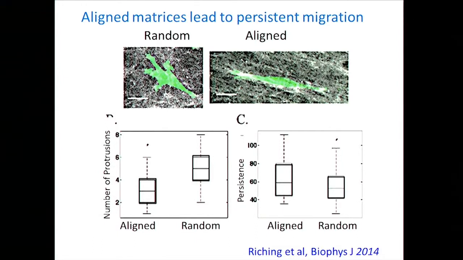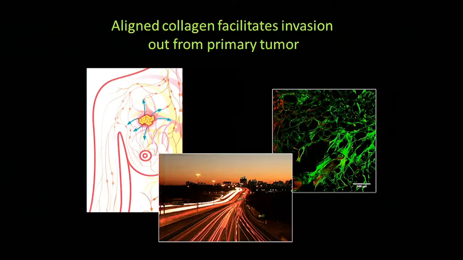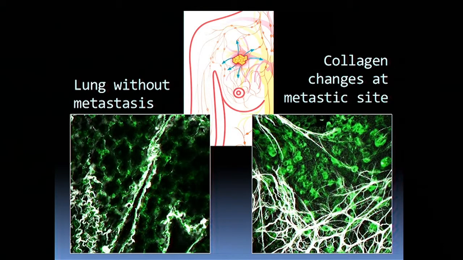And we can look at how persistent they are, and the cells are more persistent in this aligned matrix. So what I'm telling you is that this aligned collagen is like a superhighway, allowing these cells to get out of the tumor and go elsewhere, and to do so very efficiently. Okay, so what happens when they get to the metastatic site?